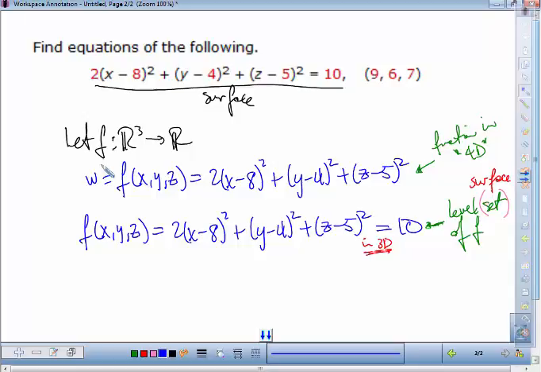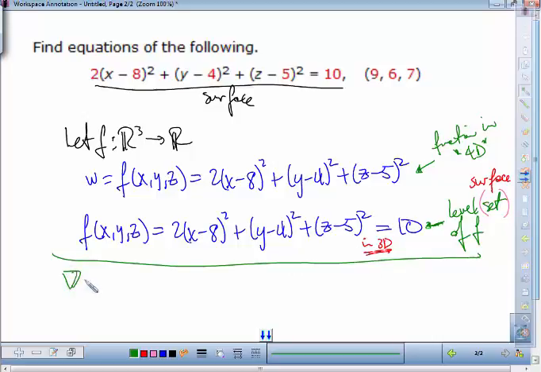Now according to the theory, our gradient should be perpendicular to a level set. Let me rephrase that: our gradient should be perpendicular to this level surface. So if we do a gradient, I'm not going to put x, y, z there.